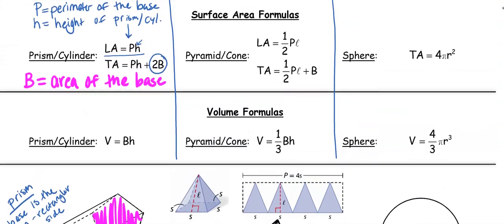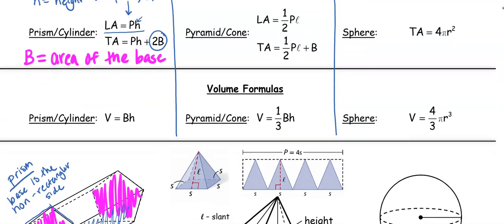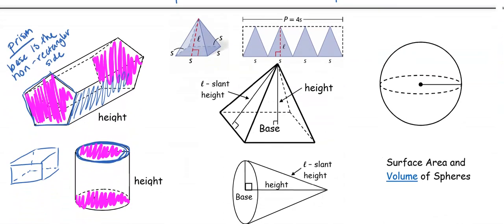Now the next category is pyramids and cones. The reason why pyramids and cones go together, they use the same formulas, is because they're not consistent with their shapes. The way our cylinders and our prisms work, we have the base, and with the pyramid, it tapers up to a point.